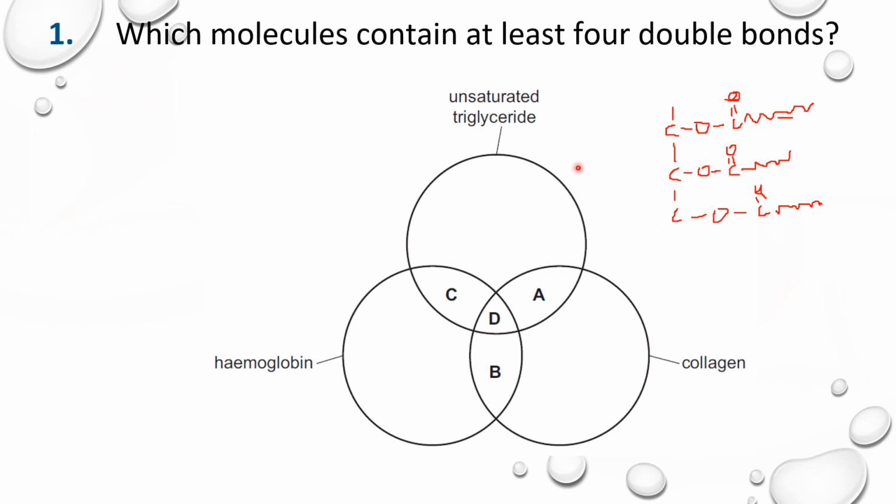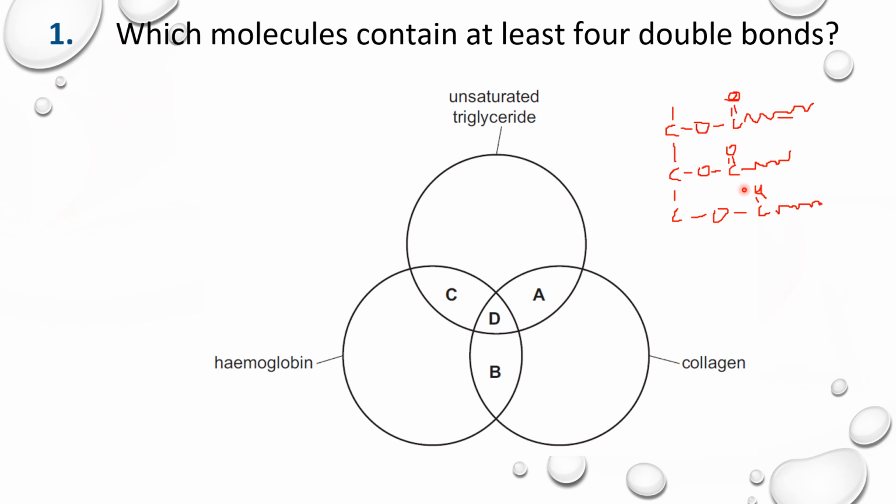This is a triglyceride, right? We're looking at unsaturated. Let's assume one of them is unsaturated, that's the presence of double bonds. We're looking at which molecules contain at least 4 double bonds. This is a double bond between carbon and oxygen, 1. This is another, 2. This is another, 3.